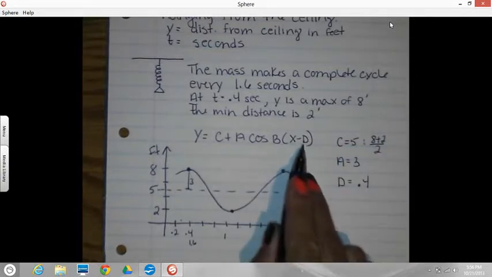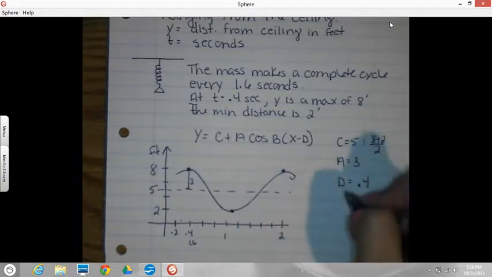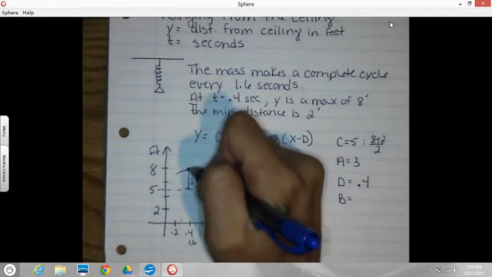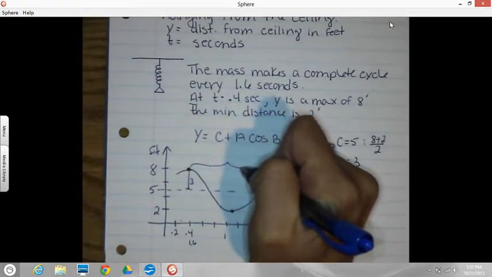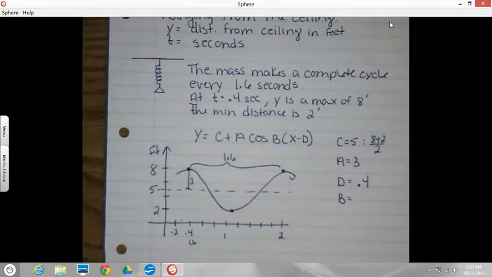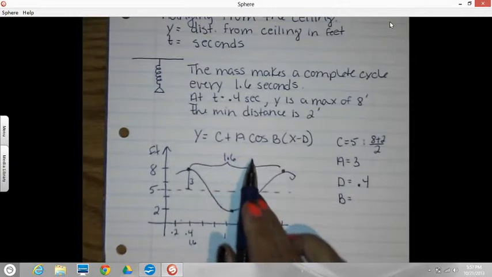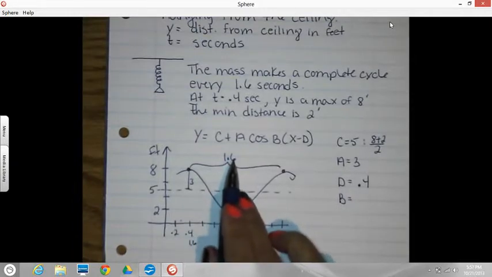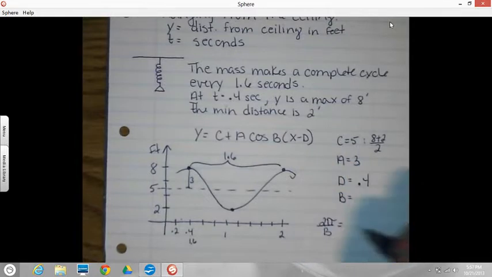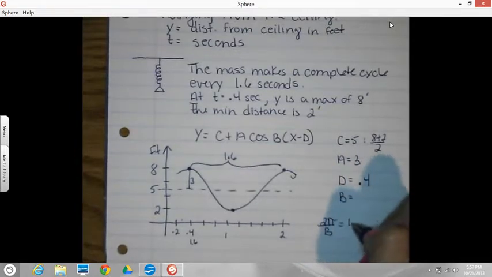And now I've got to figure out the B. B is not equal to this period length. It said it took 1.6 seconds to complete. 2 pi divided by B has to equal this number. So we've got to do a little bit of math to find the B. So 2 pi divided by B has to equal that period length of 1.6 seconds.